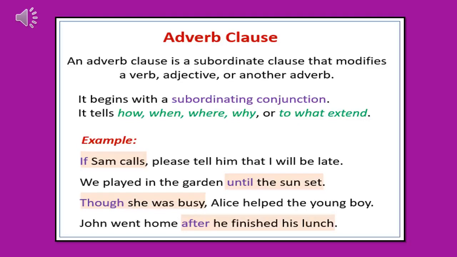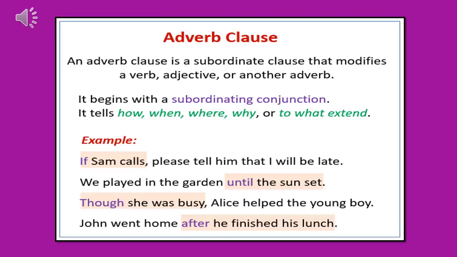It is acting as an adverb clause in the sentence. An adverb clause describes the action. It usually begins with words like because, as, if, while, after, unless, until, as soon as, though, since, where.